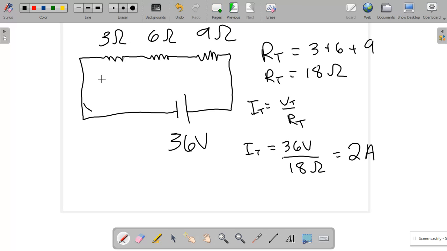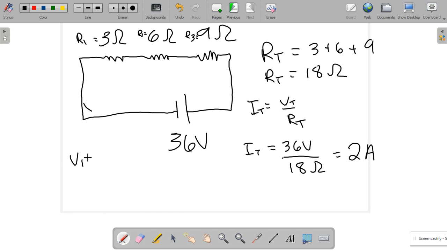Okay, so we are going to figure out, now I should have labeled these. So this is R1, this is R2, and this is R3. Okay, so I want to find what the voltage drop is, so how much energy we're losing across this one, and across this one.